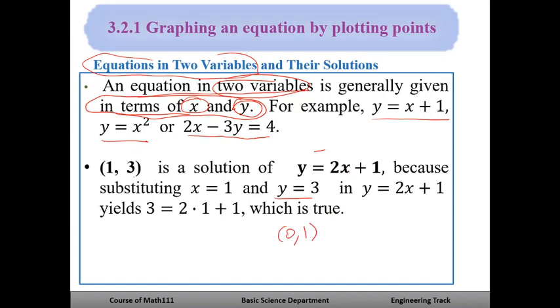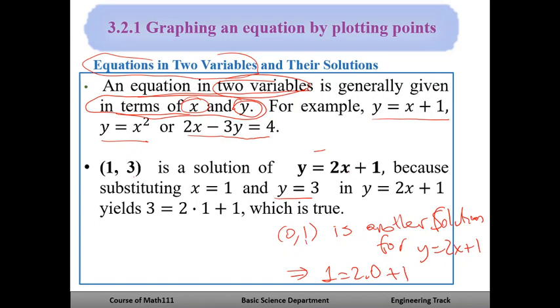So (0, 1) is another solution for y equal to 2x plus 1, because when you put x equal to 0 and y equal to 1, you get 1 equal to 2 times 0 plus 1. This is true, so it satisfies the equation. So we say it's another solution for y equal to 2x plus 1.